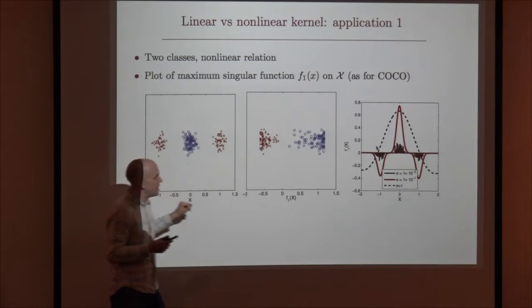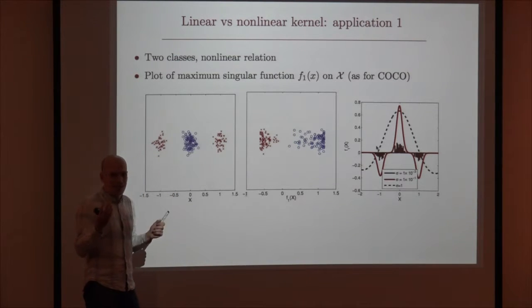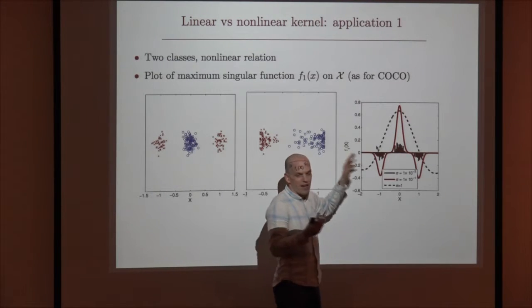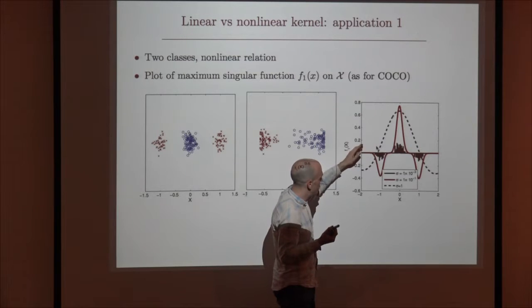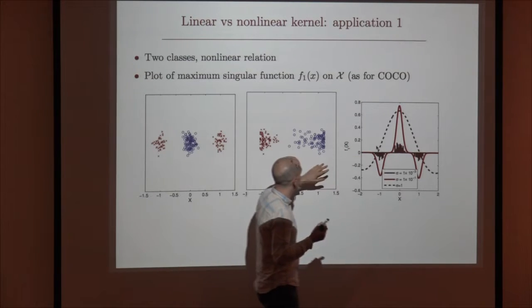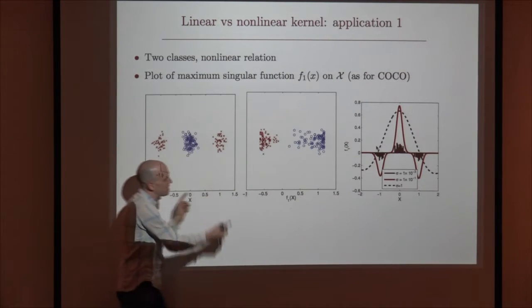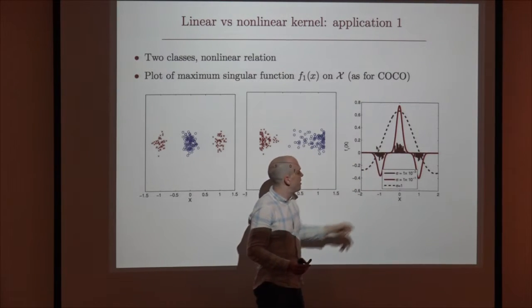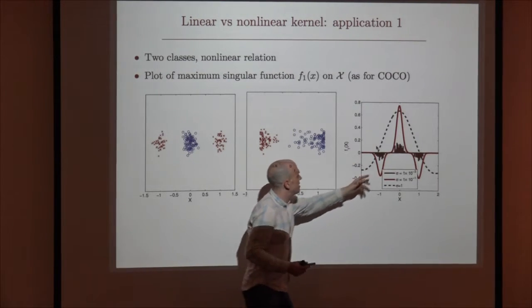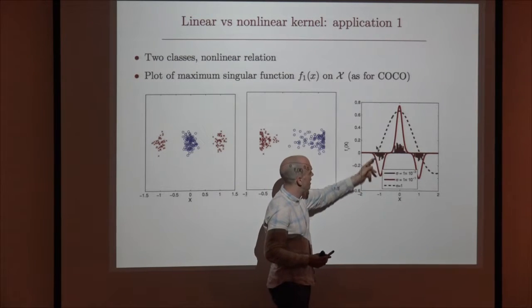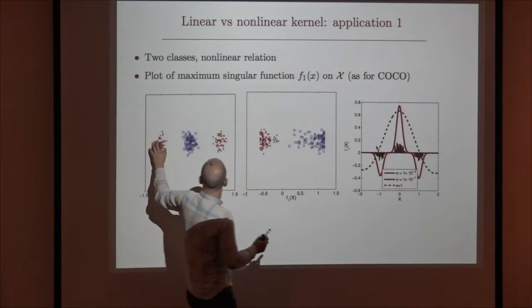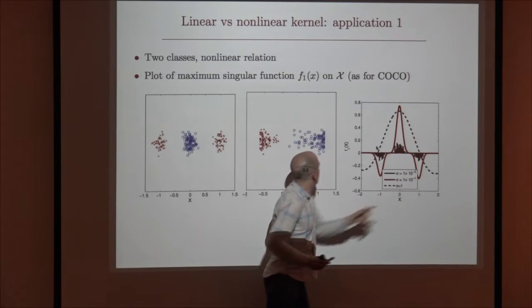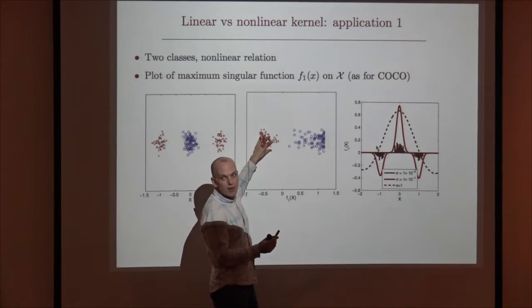But if I use a nonlinear kernel, it's like using linear HSIC, but with a nonlinear feature map. What I'm effectively doing is taking my x-axis and distorting it by this red function here. The red function says that if I've got points either here or here, I should make them negative, and that's what I've done. So I put all my red points here.